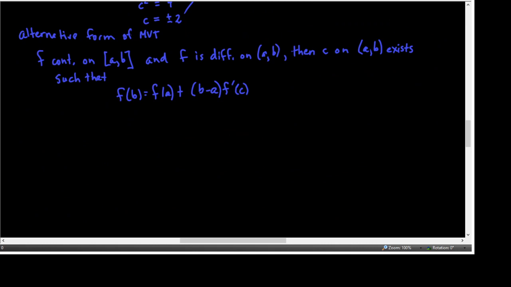So f prime of c equals f of b minus f of a over b minus a, which the theorem says is the conclusion you can draw. Then, because if b minus a isn't 0, which it better not be anyway, we could multiply both sides of the equation by b minus a.